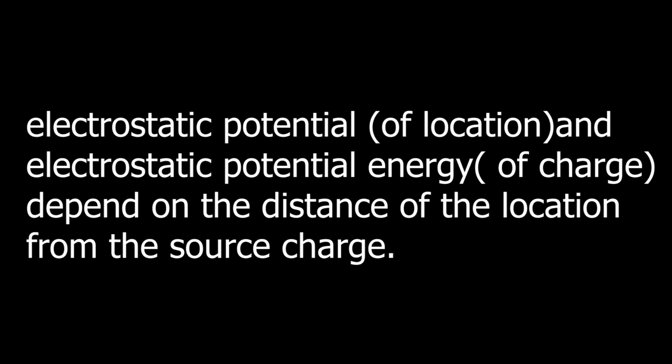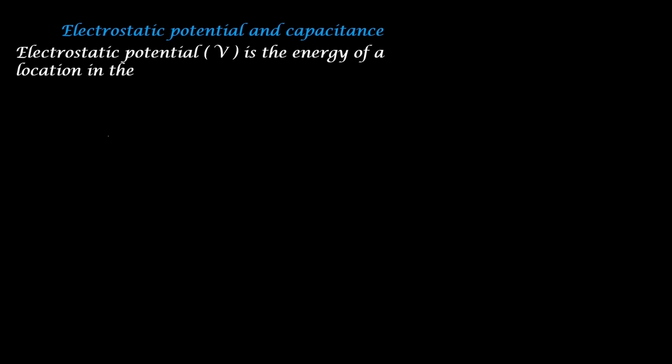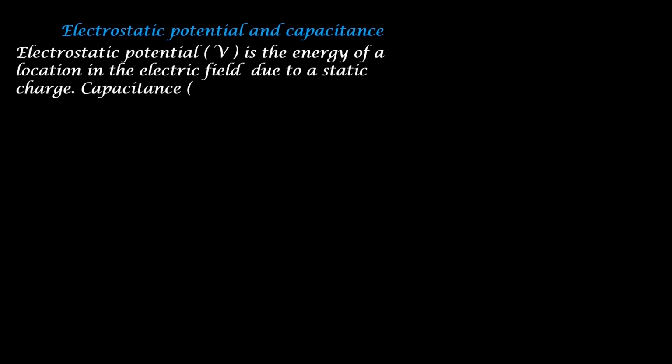Now that you have understood these two terms, I will first define electrostatic potential and then define capacitance. Electrostatic potential, represented by the letter capital V, is the energy of a location in the electric field due to a static charge. Capacitance, represented by the letter capital C, is the ability of a capacitor to store energy.